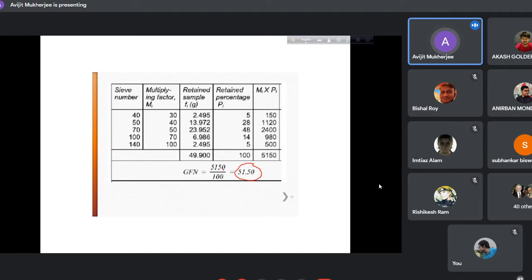Before that, you tell me: the problem is not given, but I am telling you, we are taking a 50 gram sand sample and testing for GFN. 50 gram, mind that. When the retained percentage is summed up, it is coming as 49.9. Why?